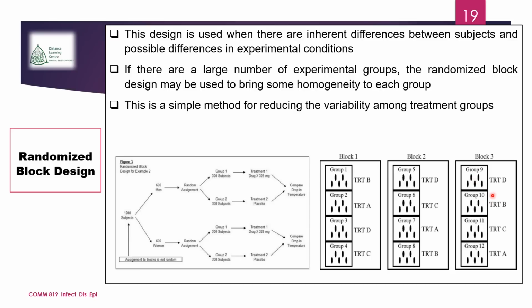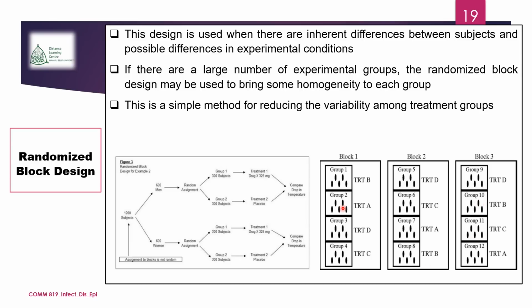Okay, but the good thing is that when you look at the blocking, all the subjects in group 1, group 8 and group 10 received treatment B, but they are all blocked, so that when there are inherent differences, whatever is happening to group 1 should be compared with what is happening to group 8 and group 10.